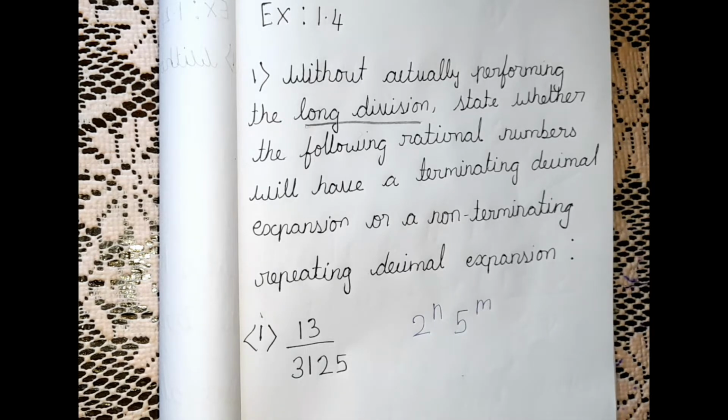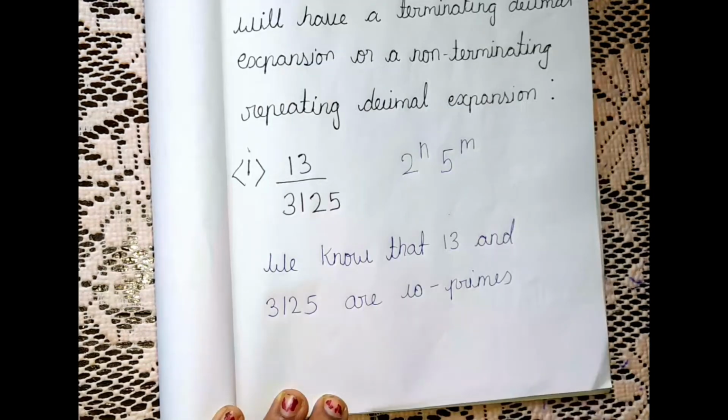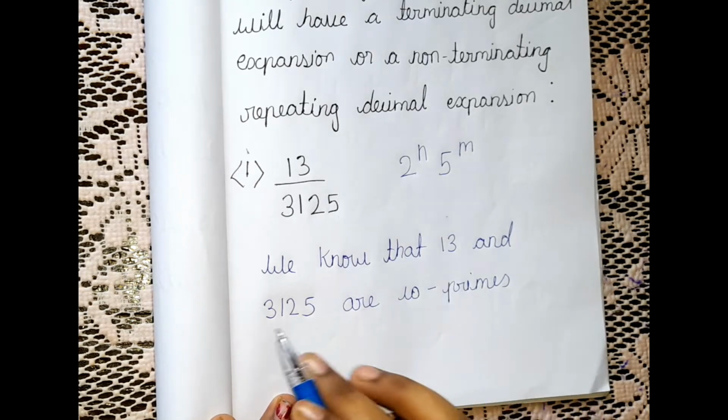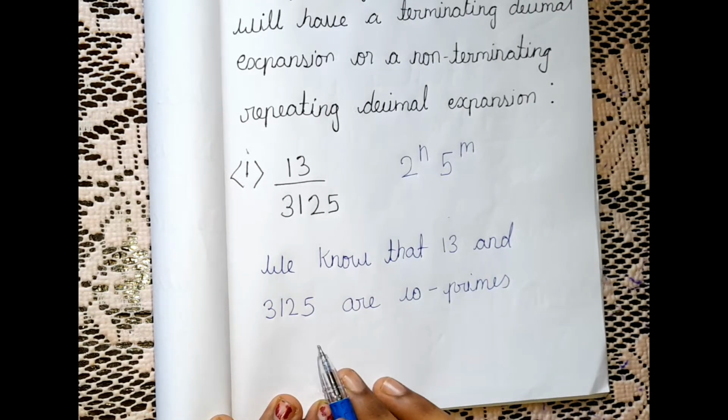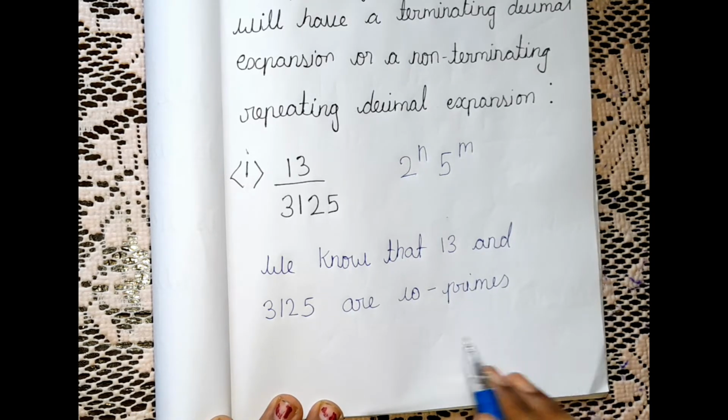So we know that 13 and 3125 are co-primes. So as you guys know, what are co-primes?